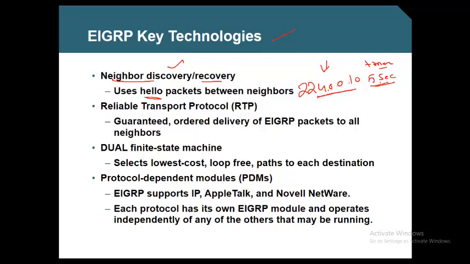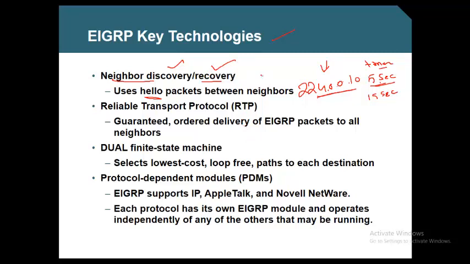It will keep sending hellos to make sure the other router knows that this router is still available, that it is not dead. And if a neighbor is not saying hello for 15 seconds, the neighbor will be considered dead. And when the neighbor comes back, the hello packet will help to recover the neighbor.